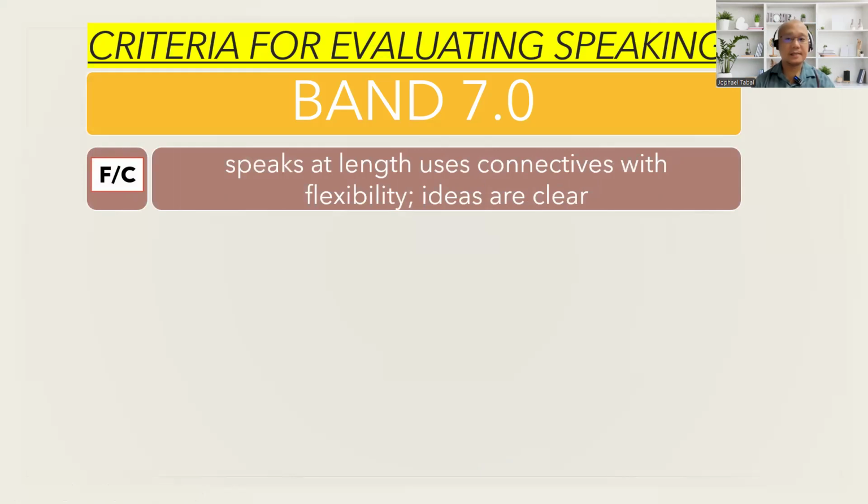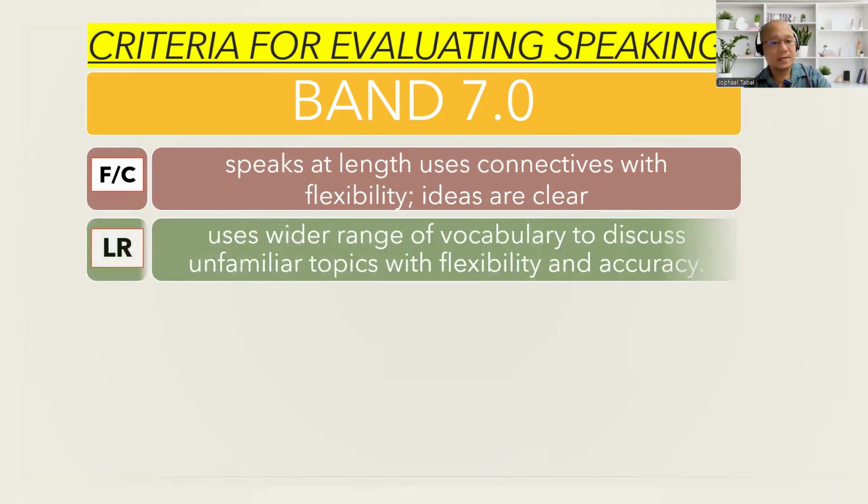Now for band 7.0 in speaking, for fluency, the candidate is expected to speak at length. He or she has to use connectives with flexibility and ideas are clear. Number two, for vocabulary, to get a score of 7, the candidate has to use a wider range of vocabulary to discuss unfamiliar topics.